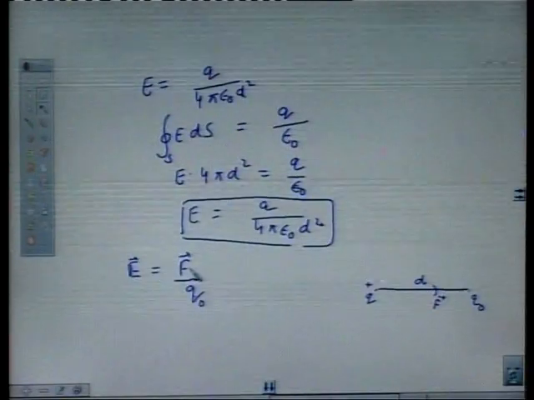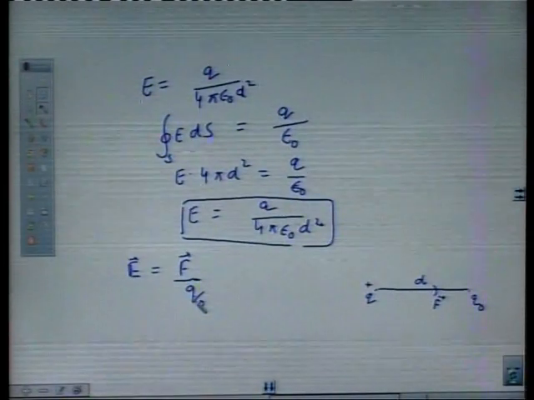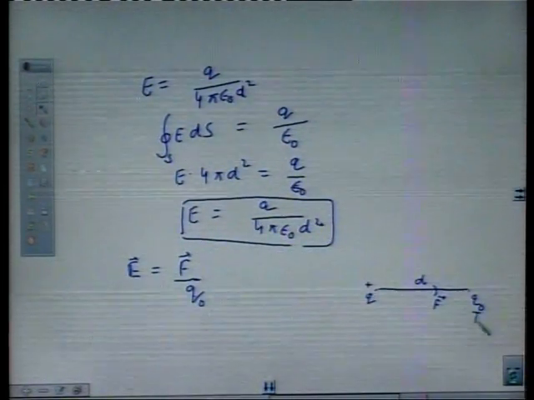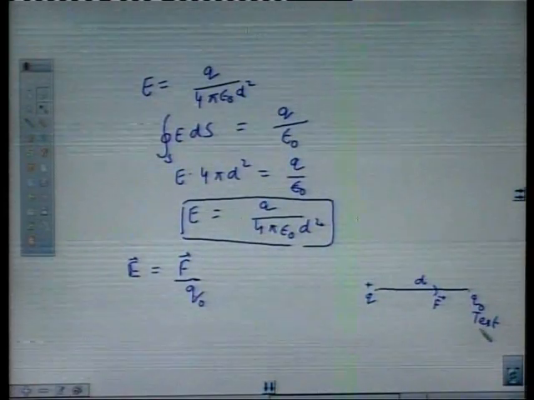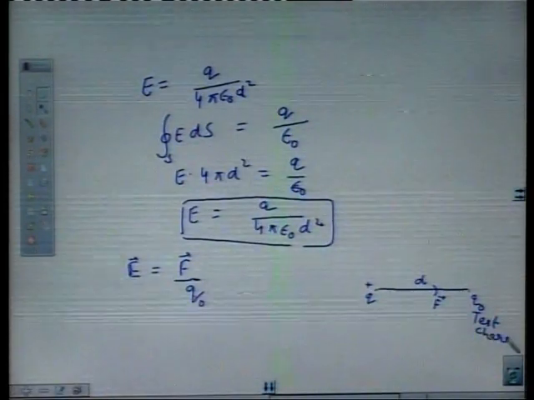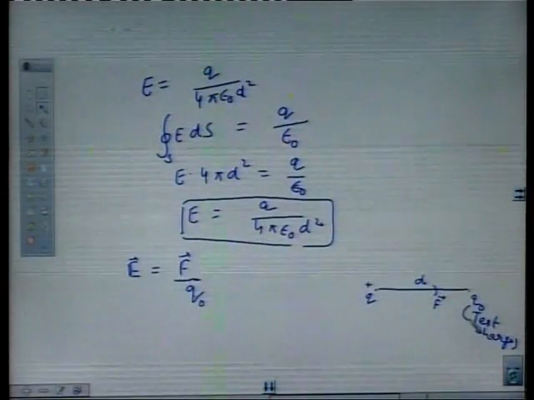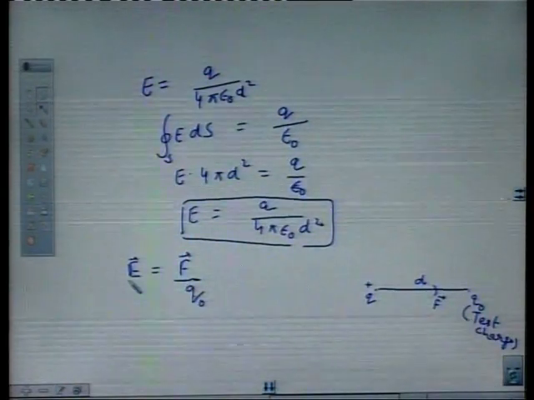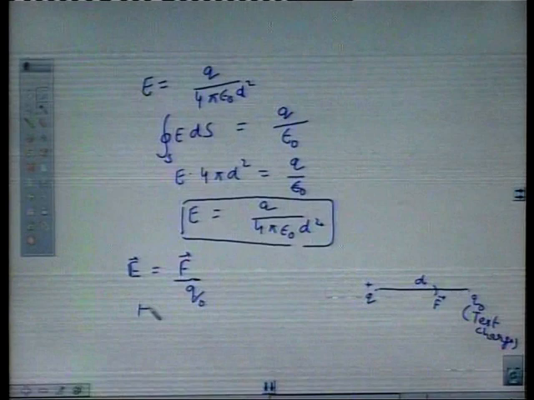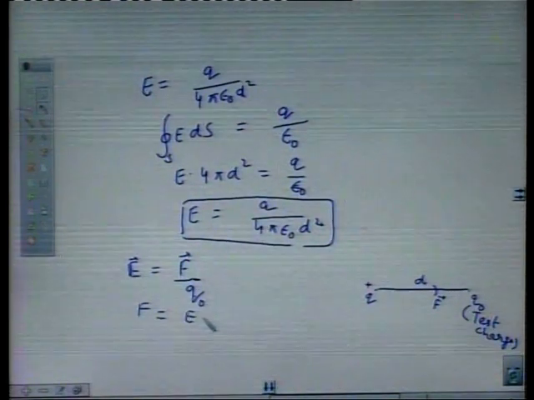We have to find the force on this unit test charge, which is called electric field E. So F is equal to E into q naught.